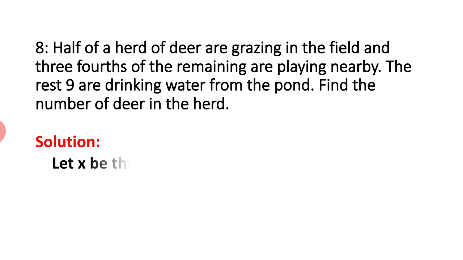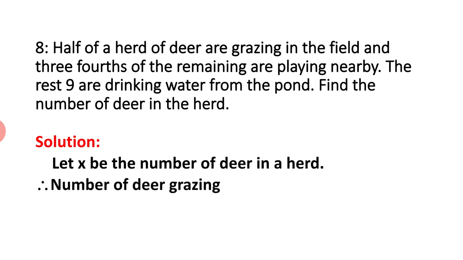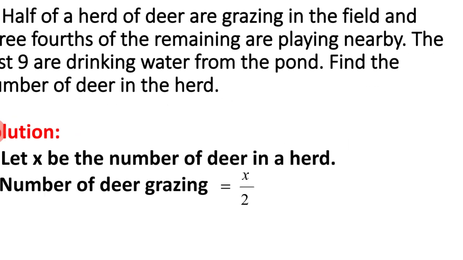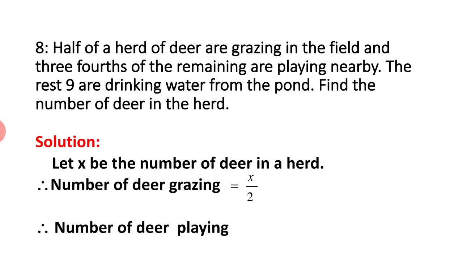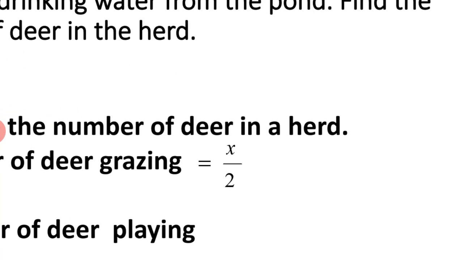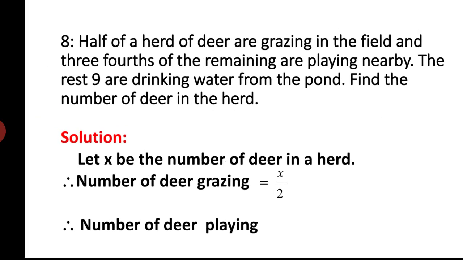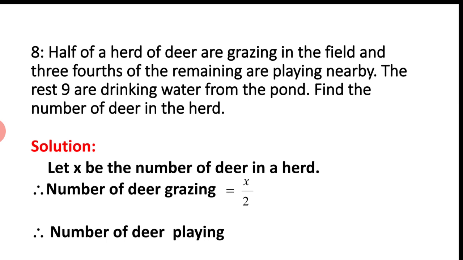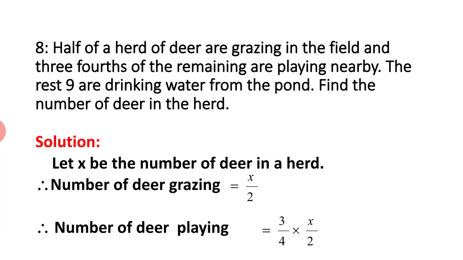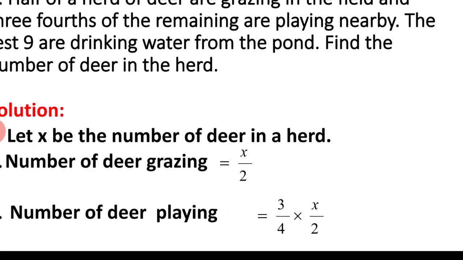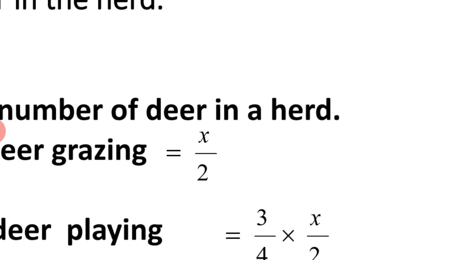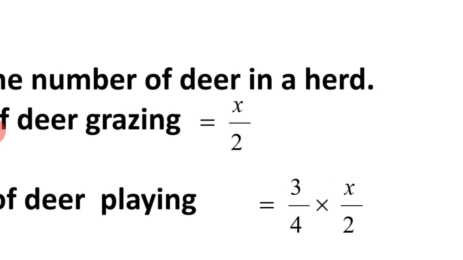So let us go for the statement form. First we assume, let x be the number of deer in a herd. The number of deer grazing will be x by 2. Is it okay? Can you see x by 2? Now the number of deer playing, those will be 3 by 4 into x by 2. Why 3 by 4? Because 3/4 of remaining, that is 3/4 of x by 2. So it will be 3 by 4 into x by 2. Is it clear?